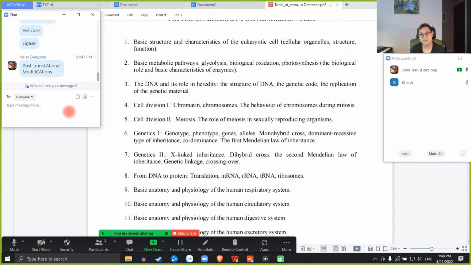So what happens with the messenger RNA after translation then? Is it simply floating in the cell now? Sorry, can you repeat? What happens to the messenger RNA after it has been translated? There's no information in the book about what happens to that messenger RNA after it has done its job.